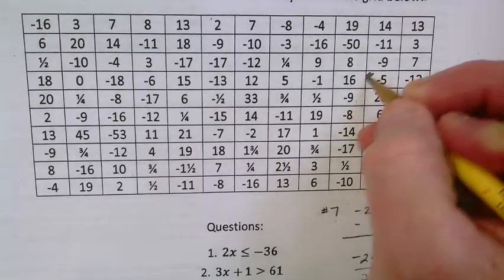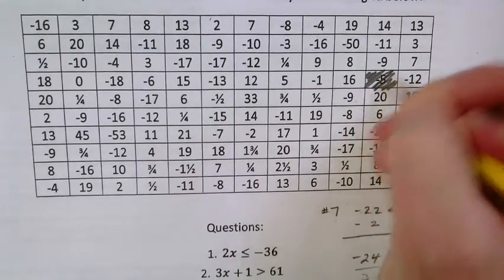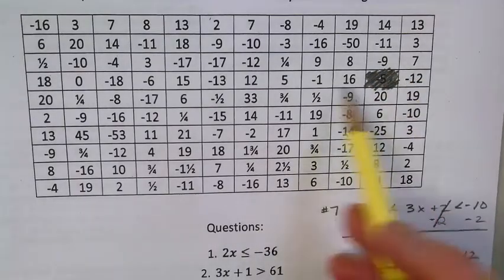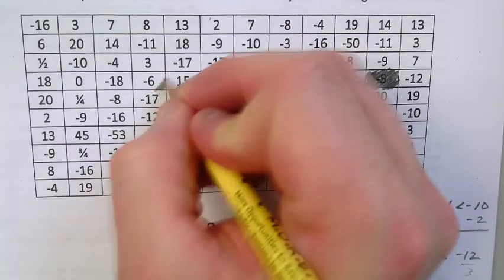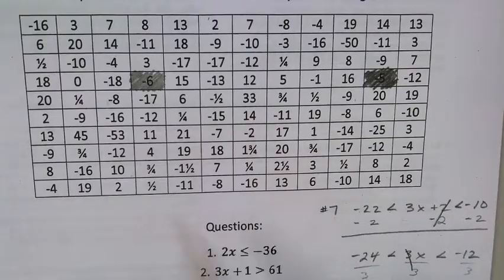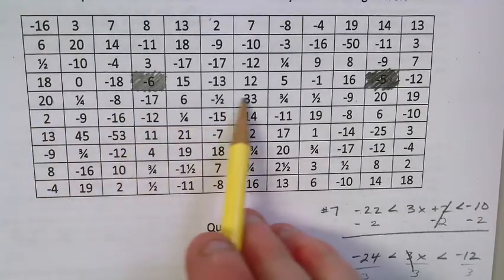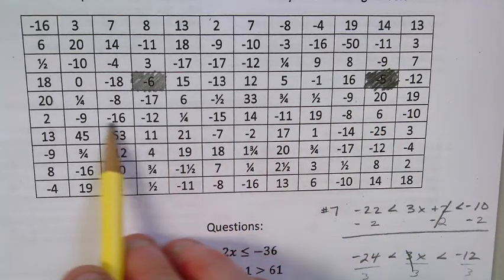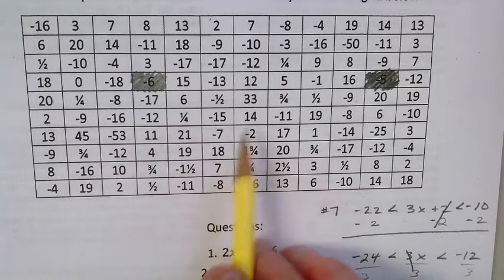Negative 5, got it. I'm going to color it in. That is one of the answers there. Negative 6, got it. Negative 7.